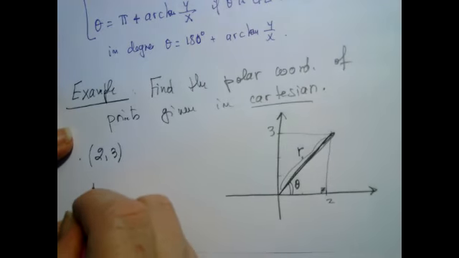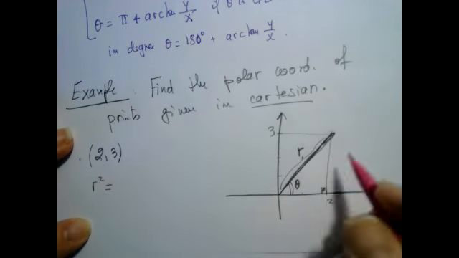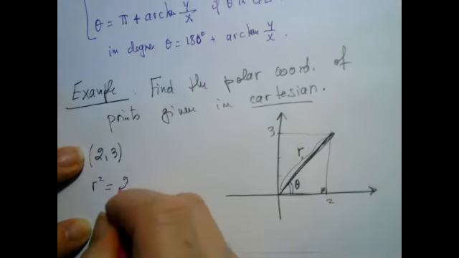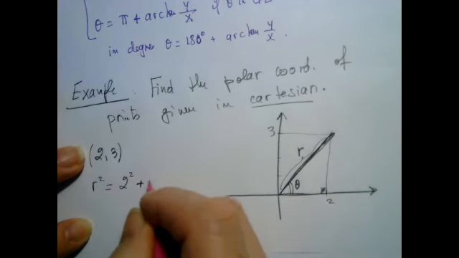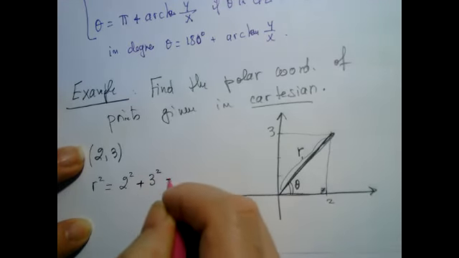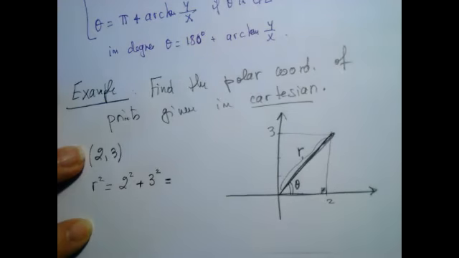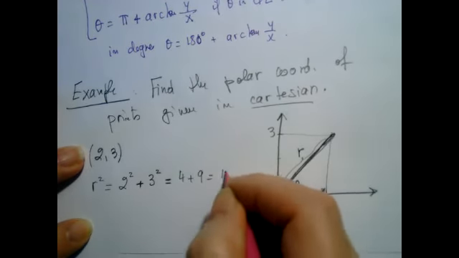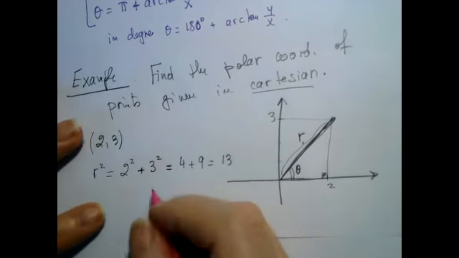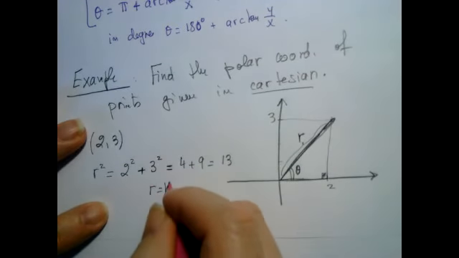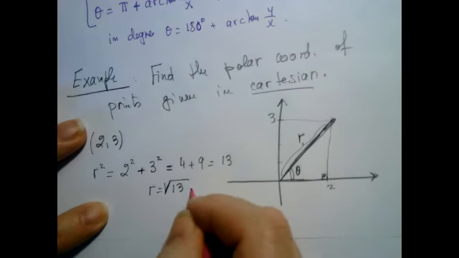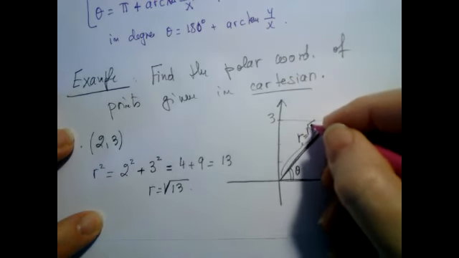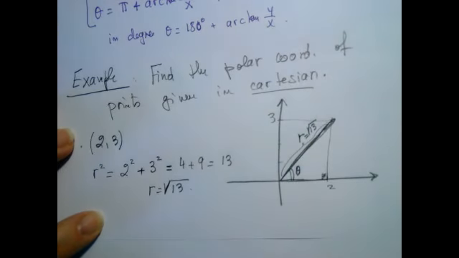We say that r squared is equal to 2 squared plus 3 squared, which is 4 plus 9 is equal to 13. It means my r is the square root of 13. So this will give me this piece right there, the square root of 13.